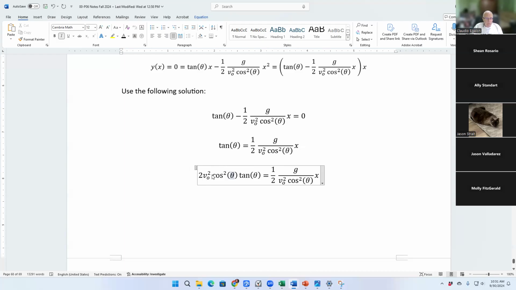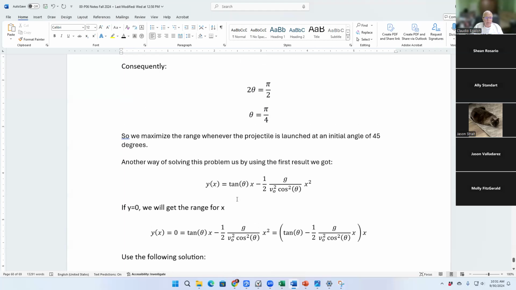And then I have to divide by g. I still have to divide by g, right? Okay, so we got rid of the half on the right side. We got rid of V naught square cosine square. We got rid of g. And that's my equation for my range. Is it exactly the same as the other one? Let's see if it's exactly the same as the other one.